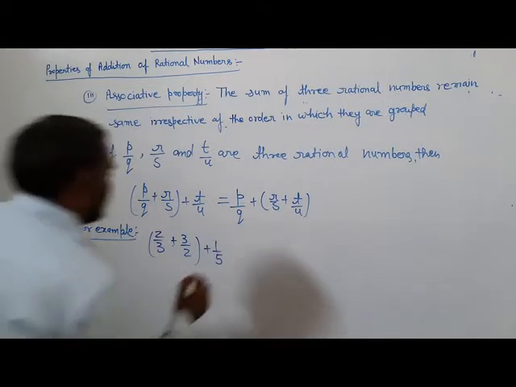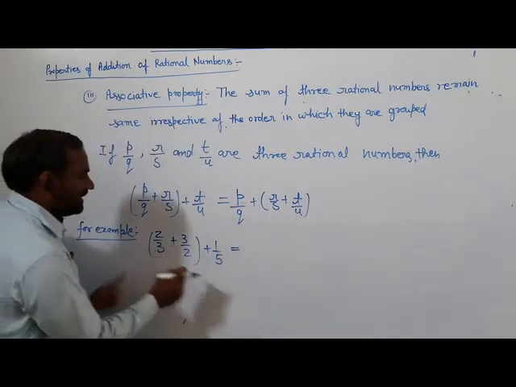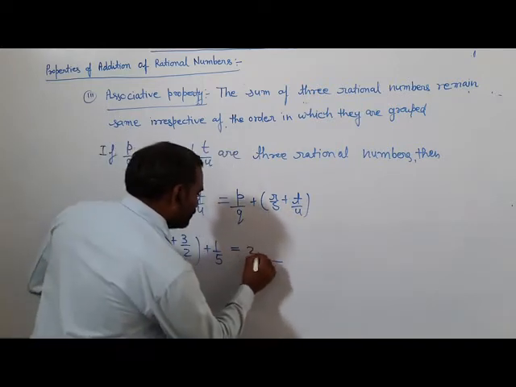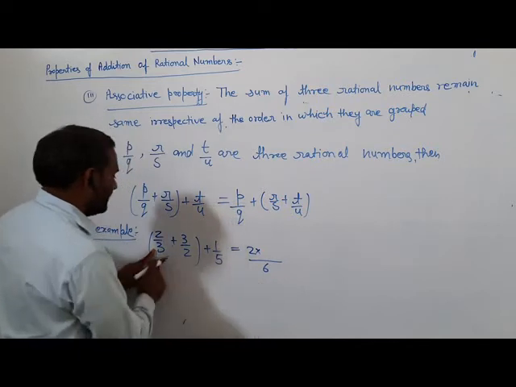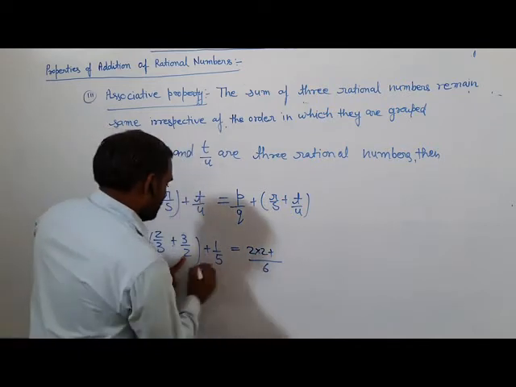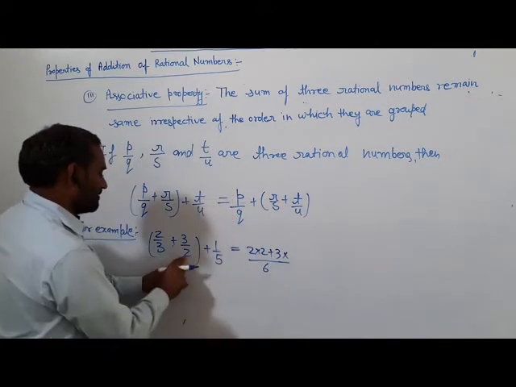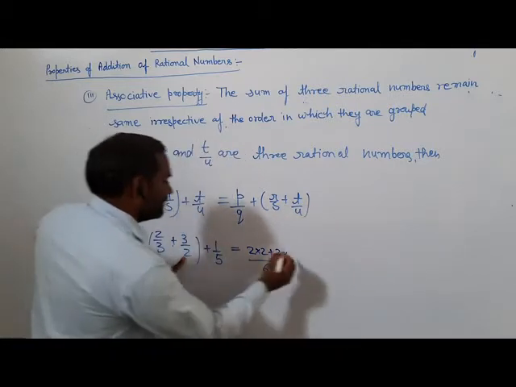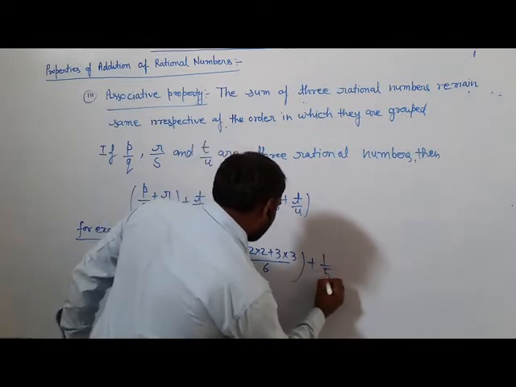Now we have to add. The LCM of 2 and 3 is 6. 2 into divide 6 by 3, 3 twos are 6, plus 3 into divide 6 by 2, 2 threes are 6, 3 into 3, plus 1 by 5.